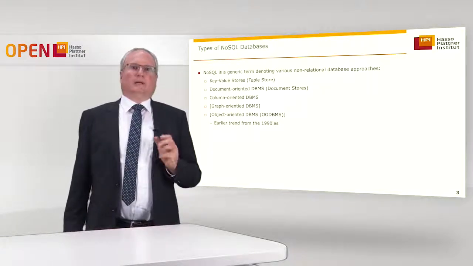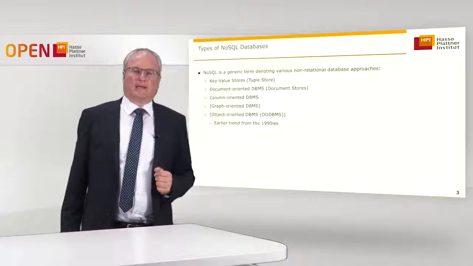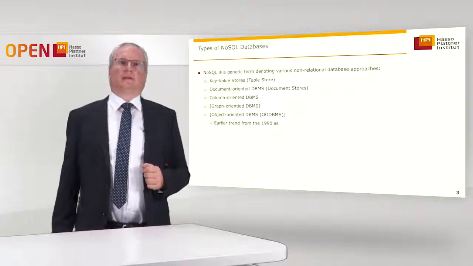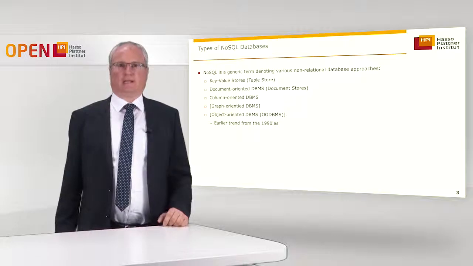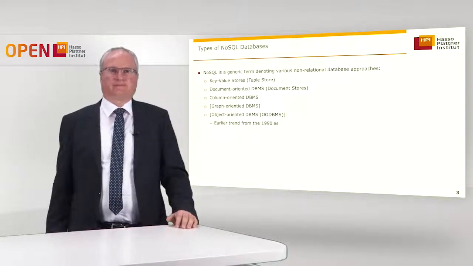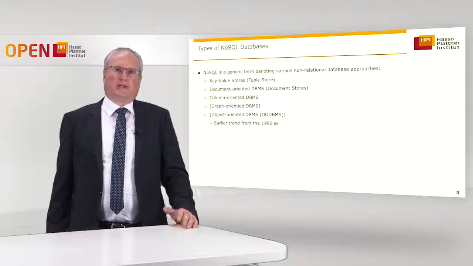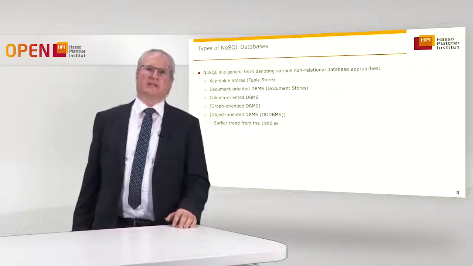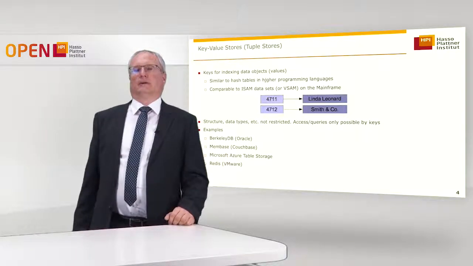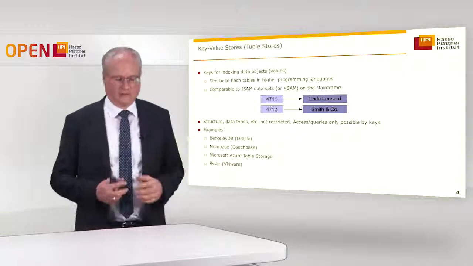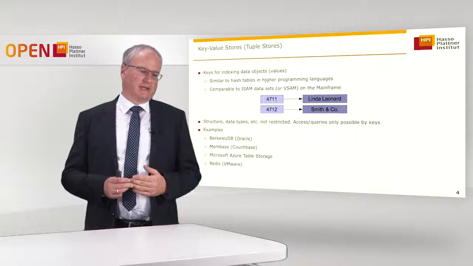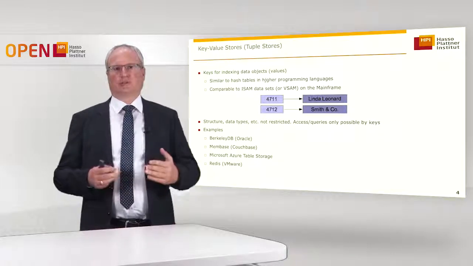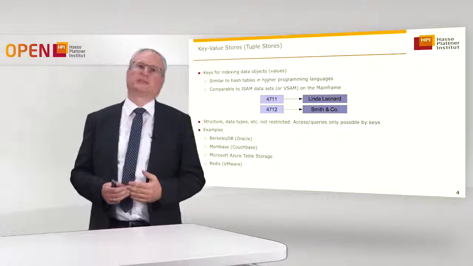Okay. So let us have a closer look at the typical NoSQL data stores like the key value store in the following. Let's have a short look at the first three of the list because they are typical for the different solutions, the different database systems that exist, most of them open source implementations.